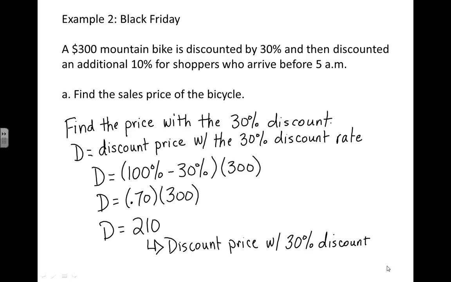So D equals 100% minus 30%, all multiplied by 300 for the $300 mountain bike. Then we have 0.7 or 70% times 300. D should equal 210, and that's the discount price with the 30% discount.